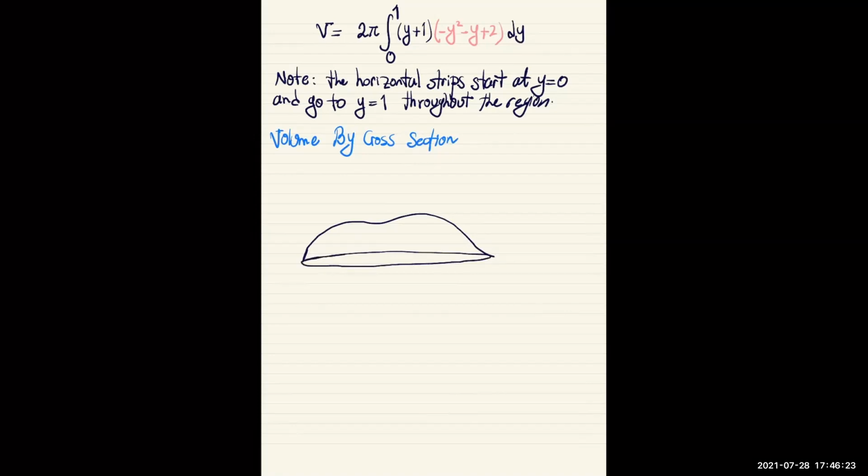So this base is sitting in the XY plane.